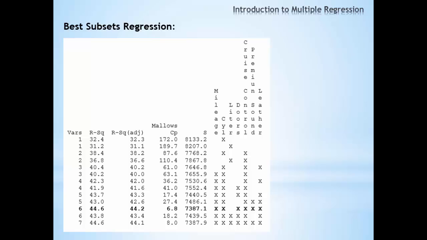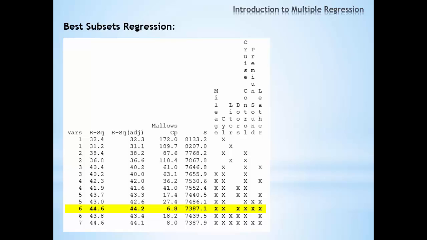As we work down the list, we see that our adjusted R-squared continues to improve until we hit 6 terms in our model. When we hit our 7th term, the adjusted R-squared goes down. With this information from best subsets regression, a statistician can use the adjusted R-squared value to determine that this 6-variable model is likely the best model to use.